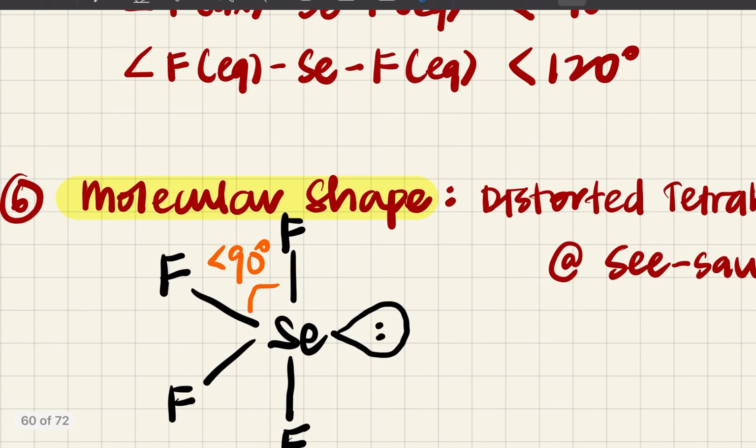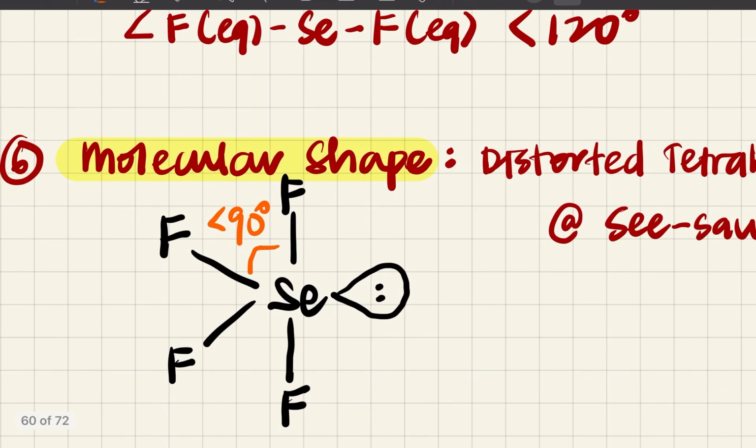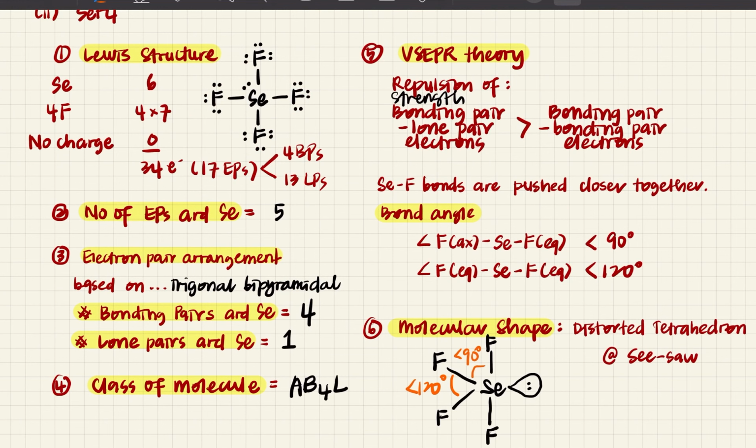And between the equatorial bonds, these two, it will be less than 120 degree. So you can show here, less than 120 degree. So that is your bond angle.